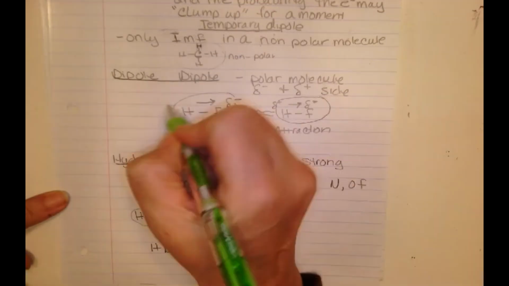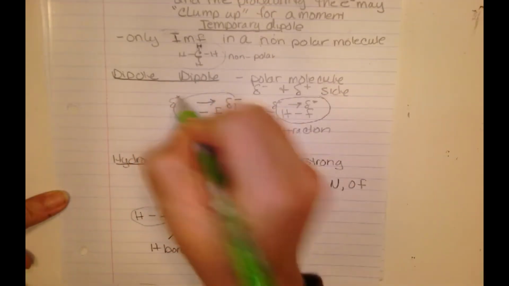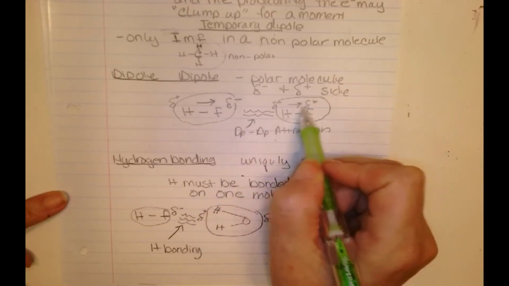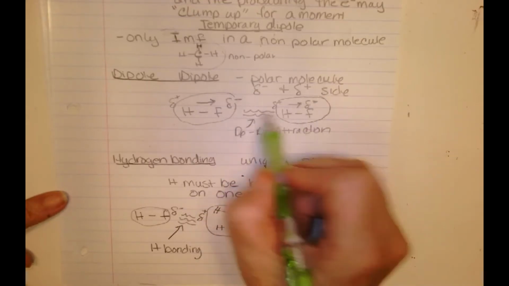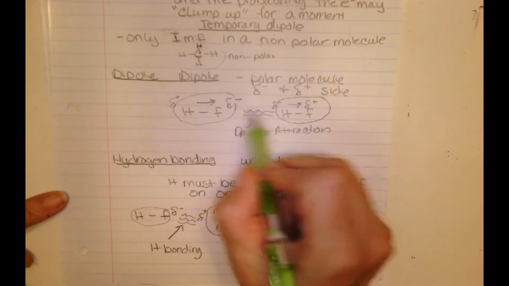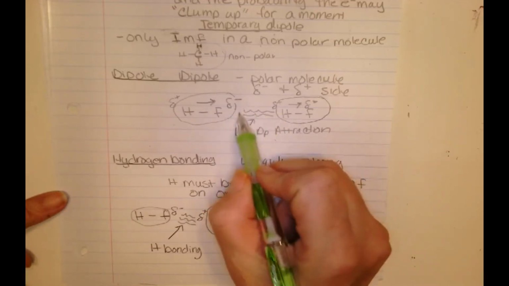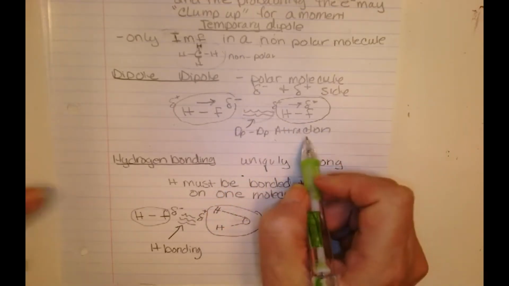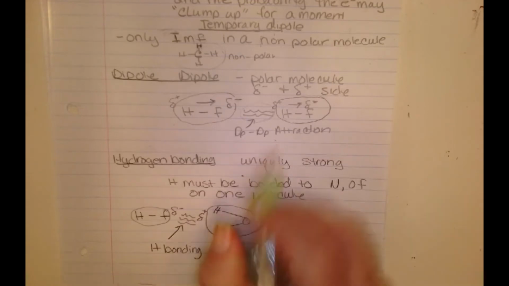So that's a partial negative, and this side becomes a partial positive because I still the electrons. And then when it meets up with that same molecule in a cup, we got a positive and a negative attracting each other. And right here, this attraction between molecules is the dipole-dipole attraction, or the intermolecular force between the molecules.